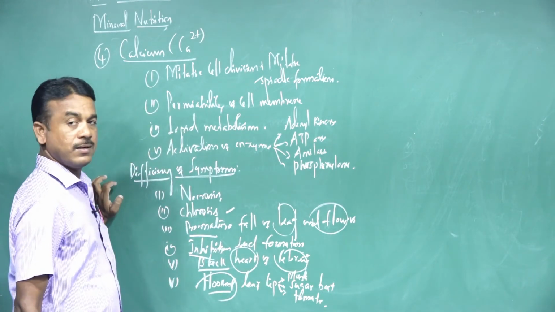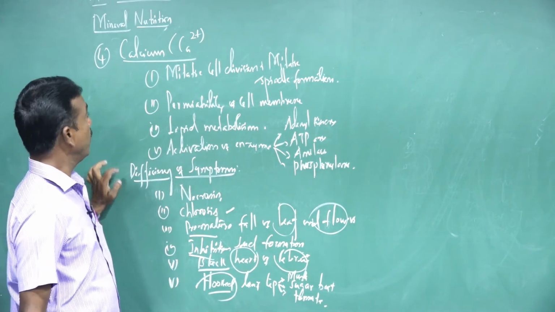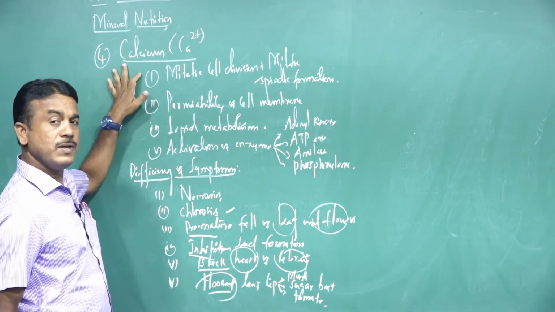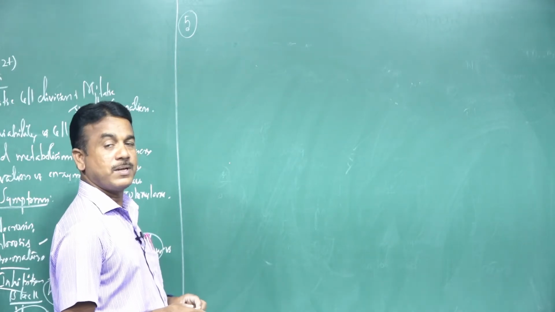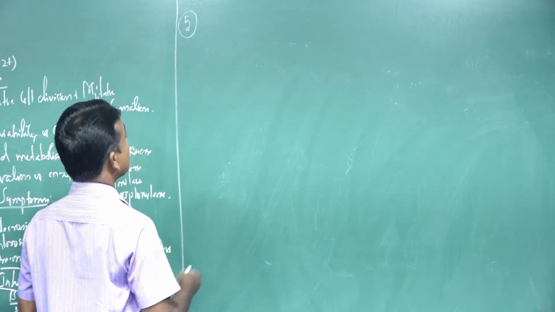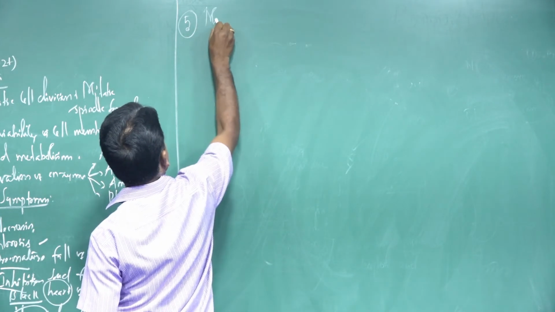These are the deficiency syndromes. The plant takes up calcium in the form of calcium 2+. The next one, micro elements, can be discussed, beginning with magnesium.